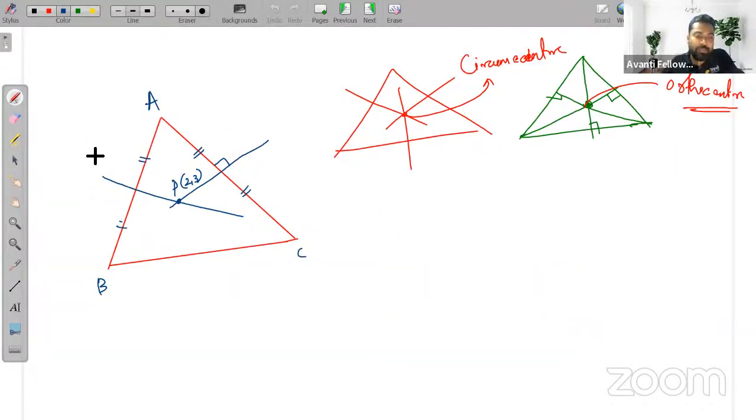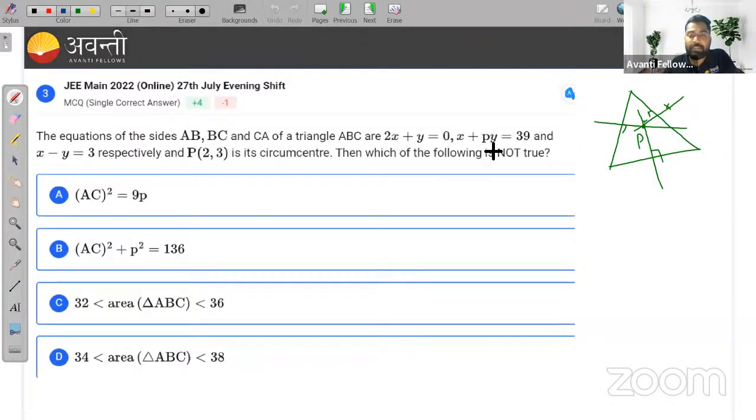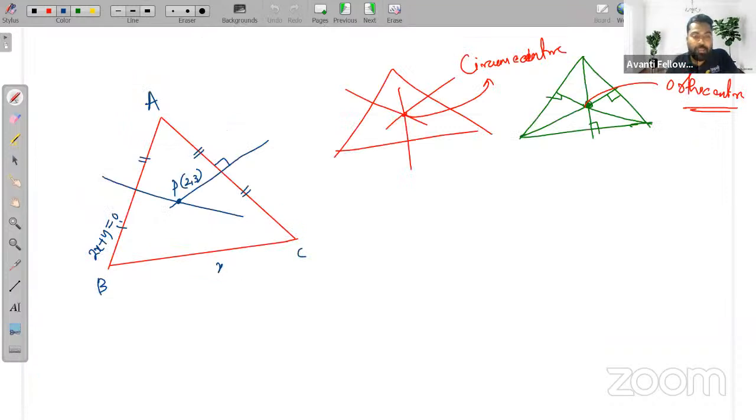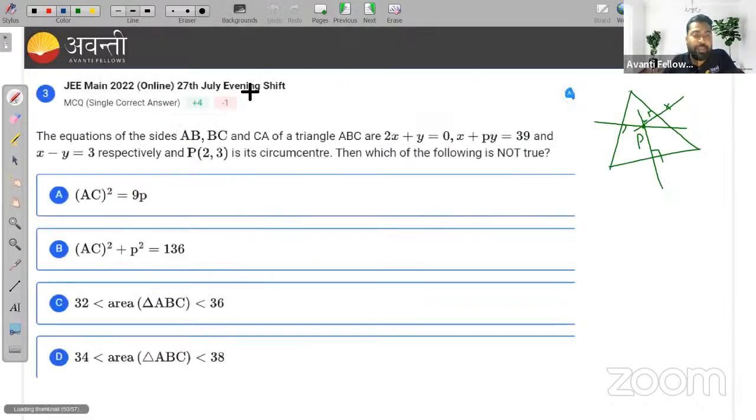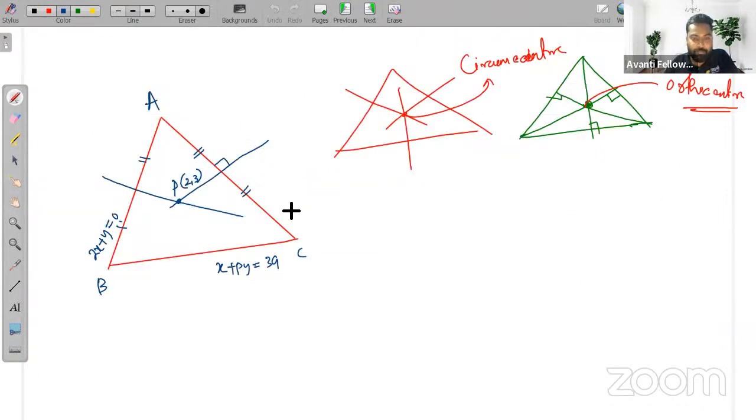The equation of BC is given as x plus py equal to 39. And the equation of AC is given as x minus y equal to 3.